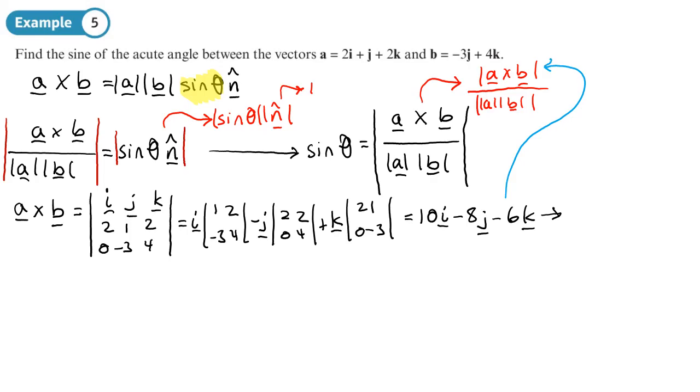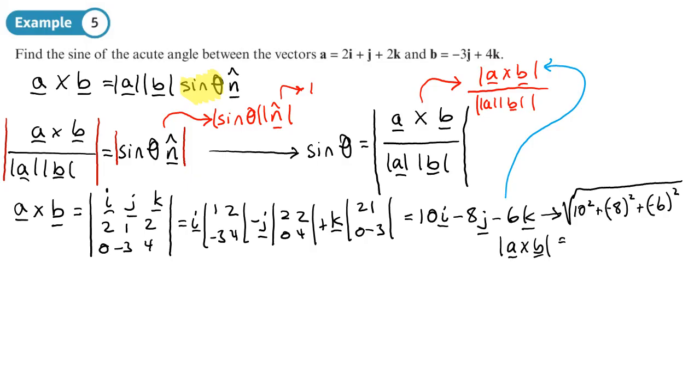So that will be the square root of 10 squared plus negative 8 squared plus negative 6 squared. So that means the length of A cross B, the modulus, the size of A cross B, is going to be square root.